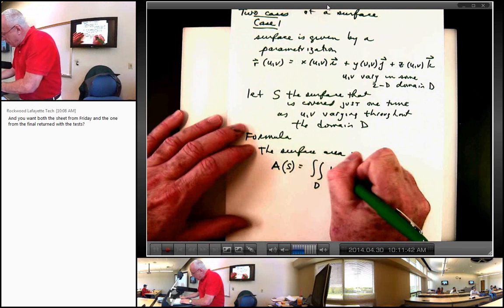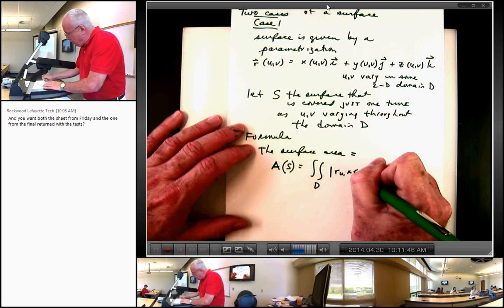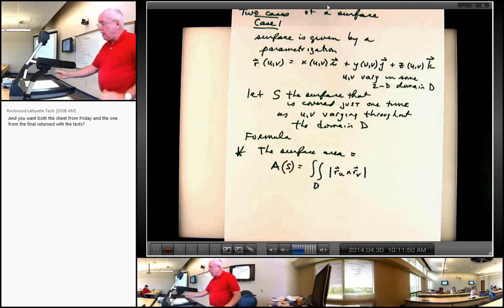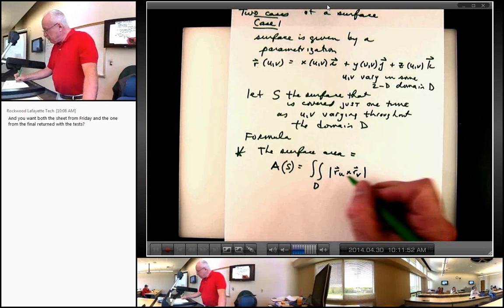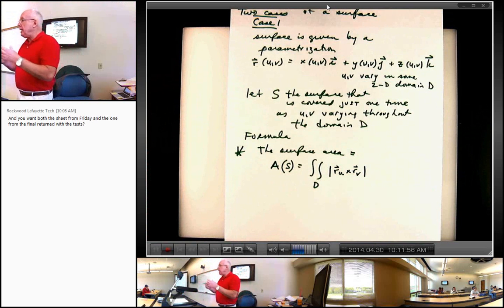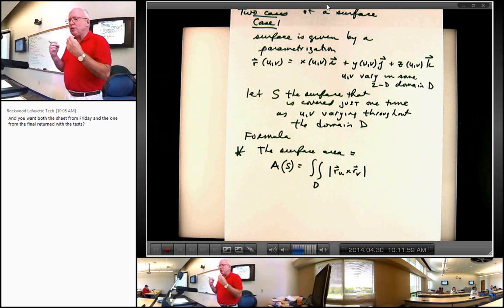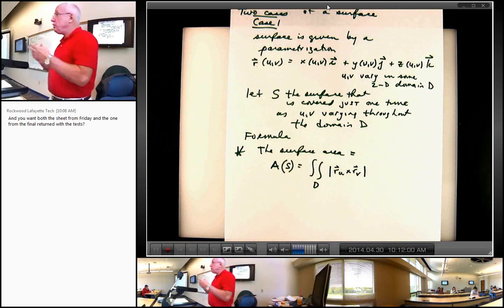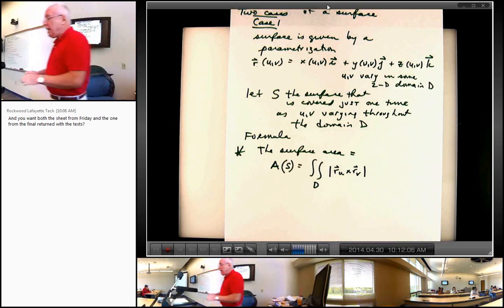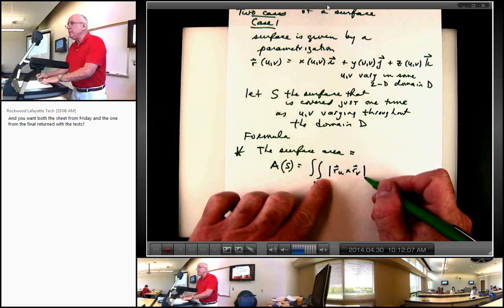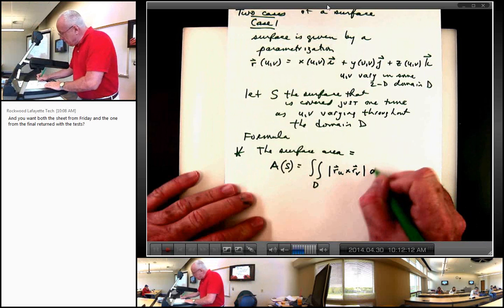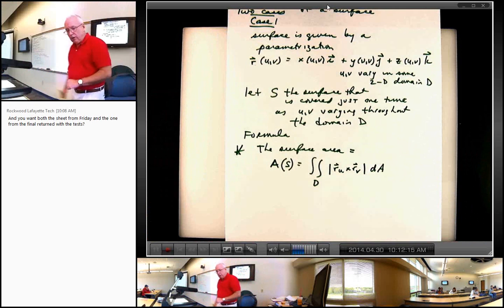We take our two tangents here up to our surface, r with respect to u, r with respect to v, and we calculate a cross product, which gives us another vector. Okay, a cross product gives us a vector, and then we calculate the magnitude of that vector. And that is what gets integrated over our area.